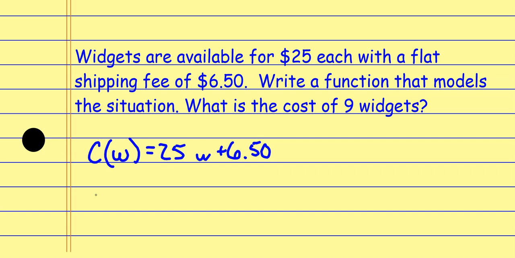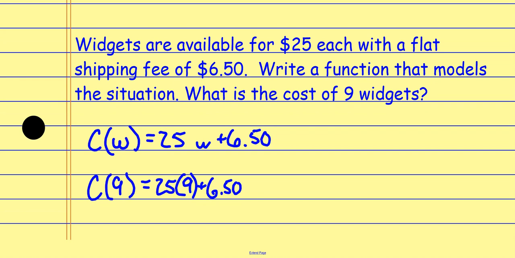Okay? And now the cost for 9 widgets is saying, oh, what if the input is 9 for the number of widgets? So now I plug the 9 in. Okay, and this is a job for your calculator, or you can do it in your head. Let's see, that's 225.